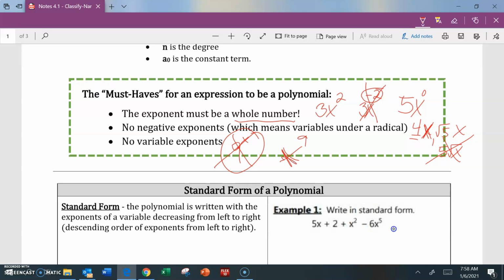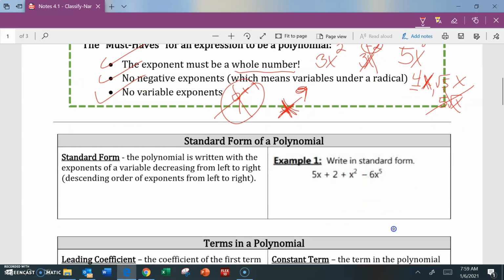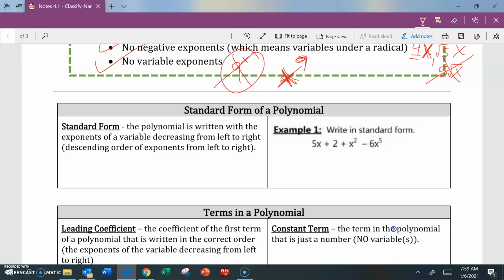Okay, so x would be called your base. Your exponent has to be, just to review, a whole number. The exponent, that means it cannot be negative. And the variable has to be your base, not your exponent. Okay, so that's just a lot of terms, maybe from Algebra 1 that you can remember.